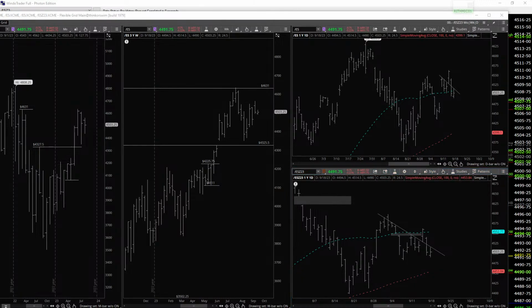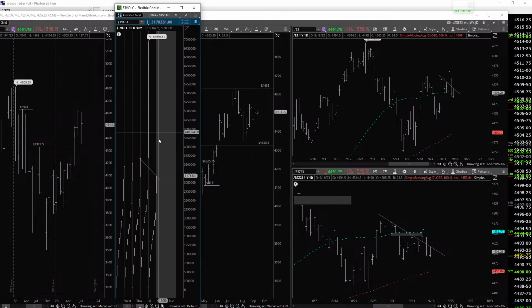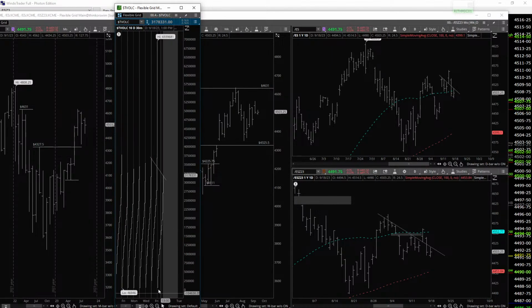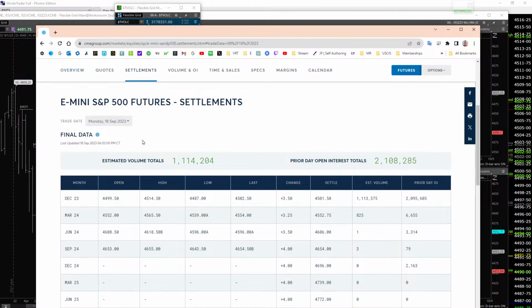Something that I hadn't noticed is how incredibly low the volume is, or was, yesterday. Very low volume. Not just the market overall, but also the ES. I mean, come on, 1 million, 1.1 is very low.